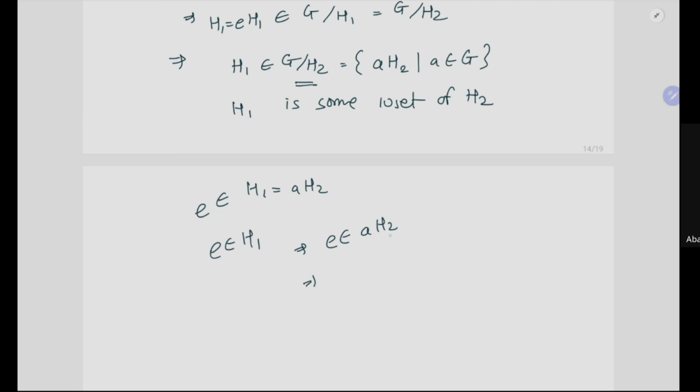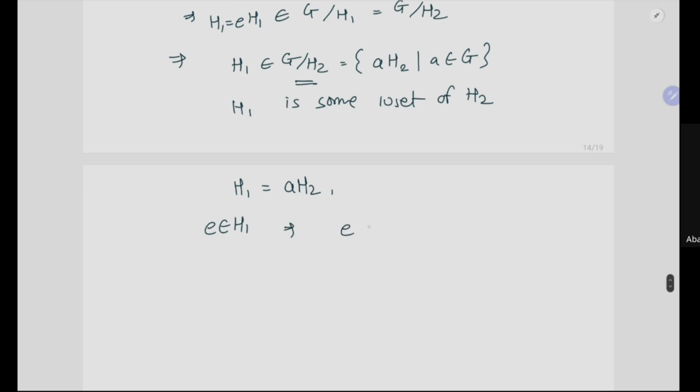We somehow need to prove that this AH2 is actually my H2. As we said, H1 is some AH2, and E belongs to H1 since E is the identity.